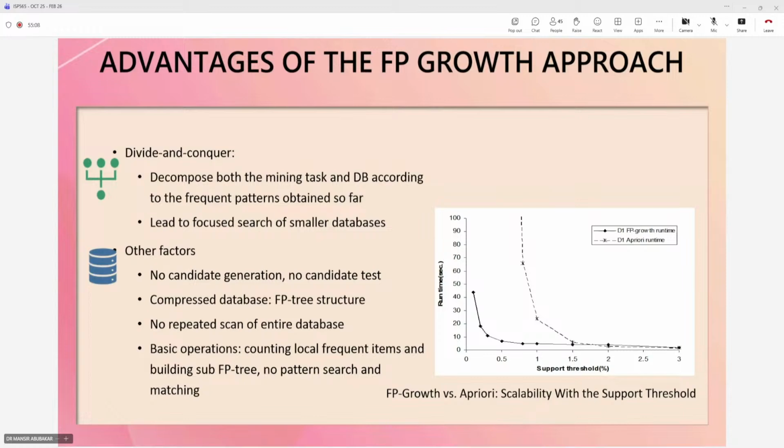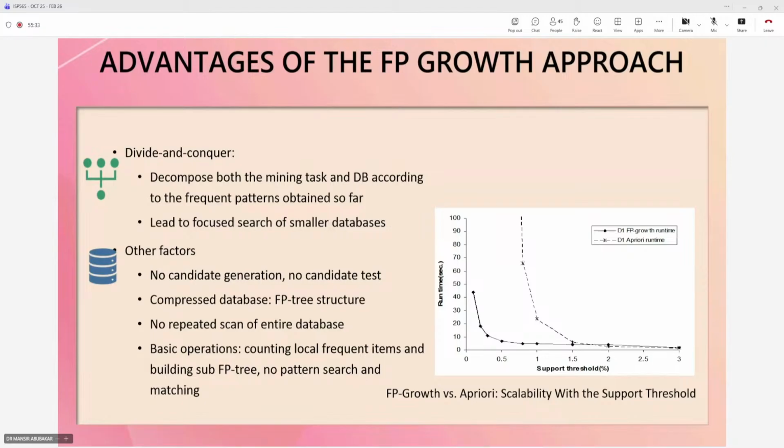And then compressed database: using the tree structure always compresses the database. You could remember the tree as a part of the data structure. It always compresses the data in a structure where you can easily see all the information in a small size of data. So there is no repeated scan of the entire database.